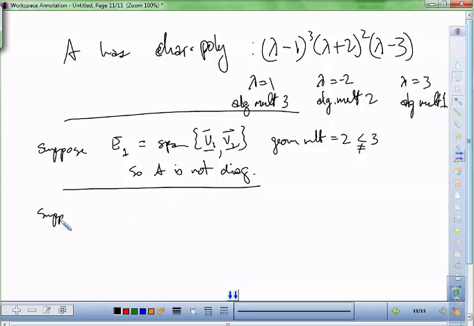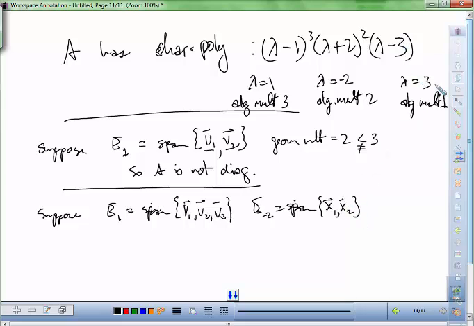So suppose E1 has an eigenspace with V1, V2, V3, and for E negative 2, the eigenspace is spanned by x1 and x2.